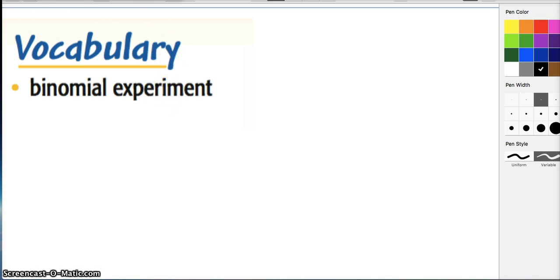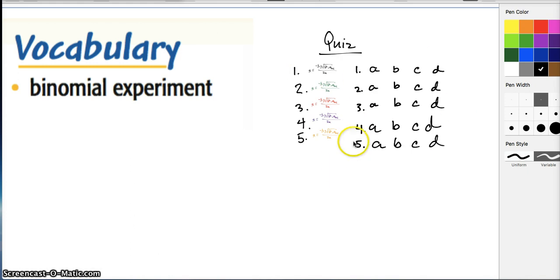Let's give an example. Suppose you have a 5-question quiz, and the quiz is multiple choice with only one answer per quiz question, so A, B, C, or D. This would be a place where we could use the binomial expansion to figure out how many possible right answers you can get versus how many possible wrong answers.